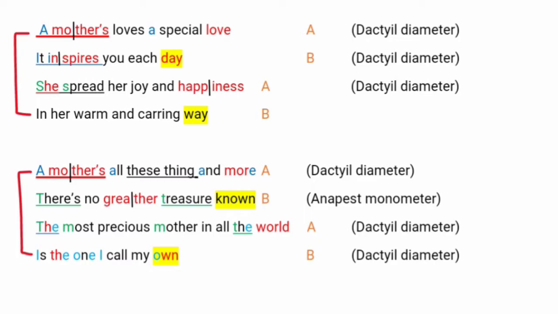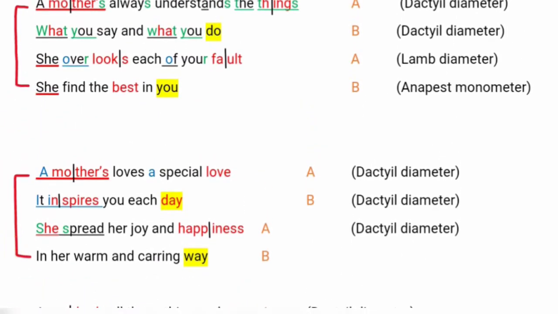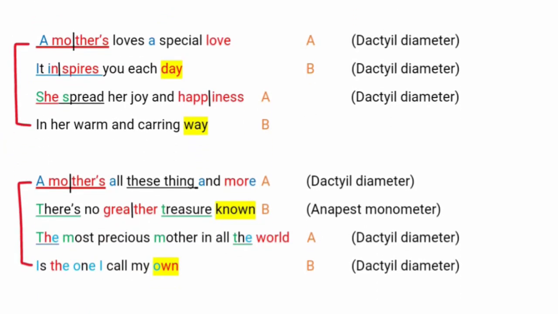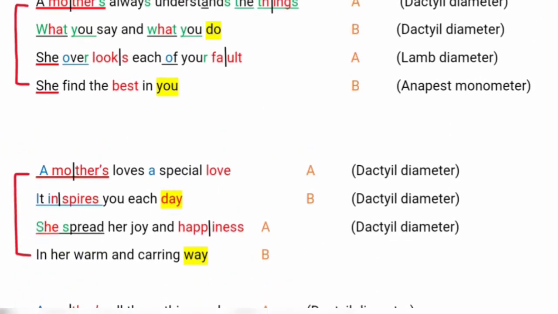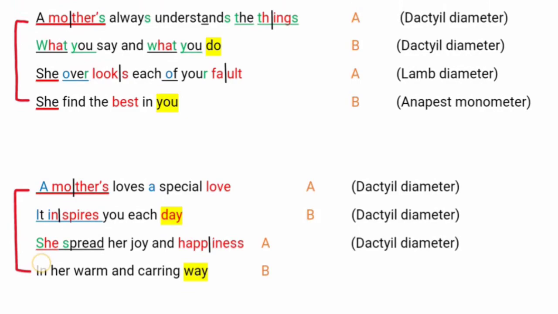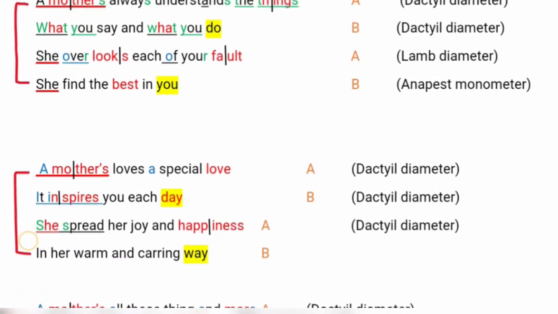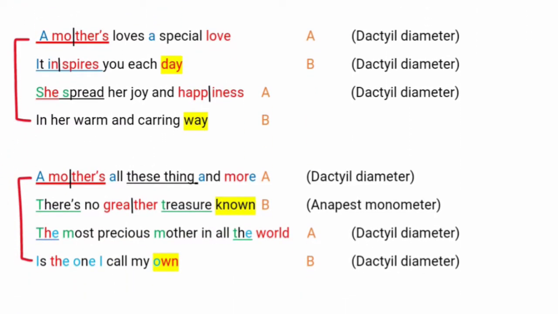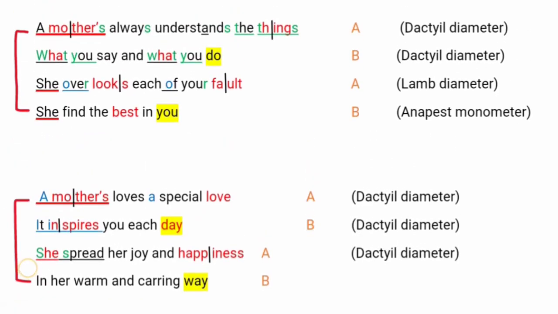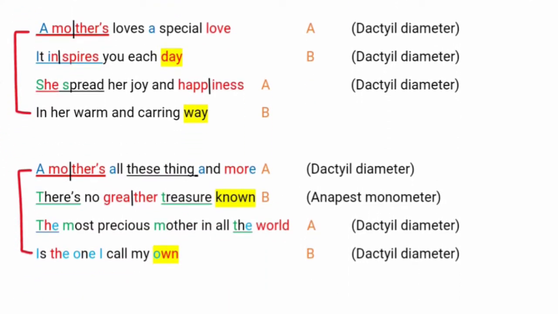And the color orange, you can see on the right, you can see AB and AB in the third stanza.